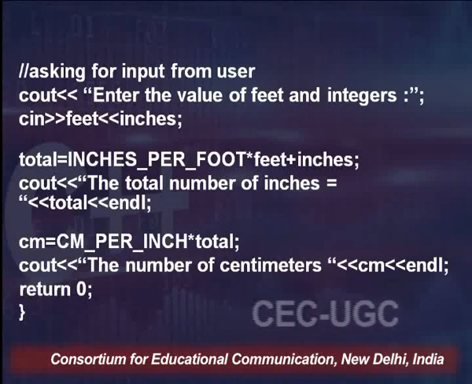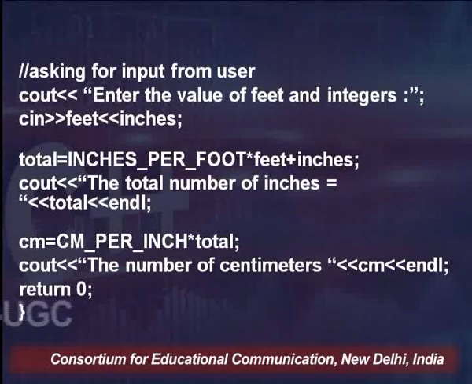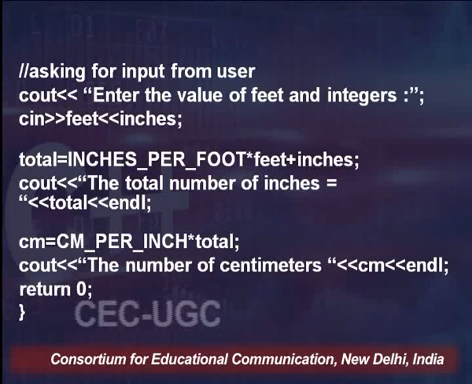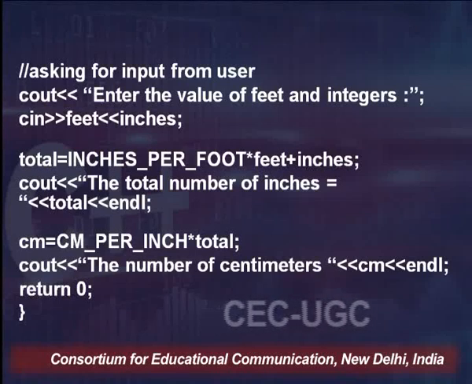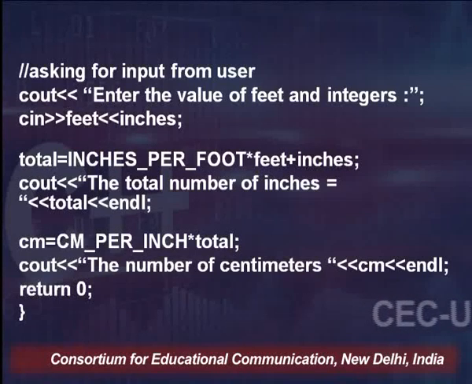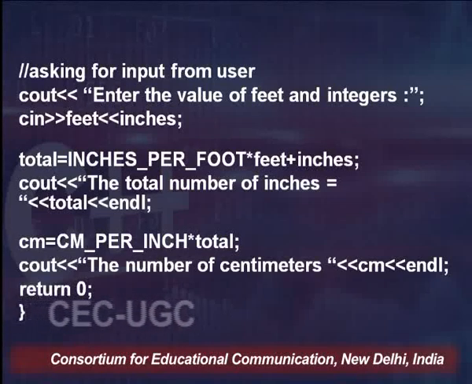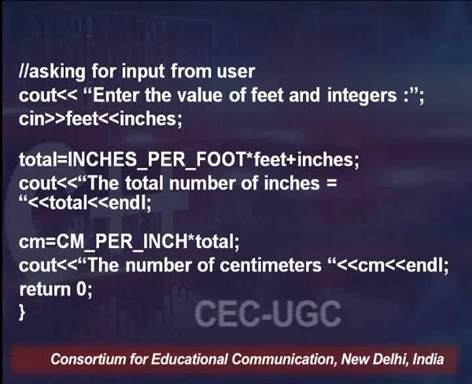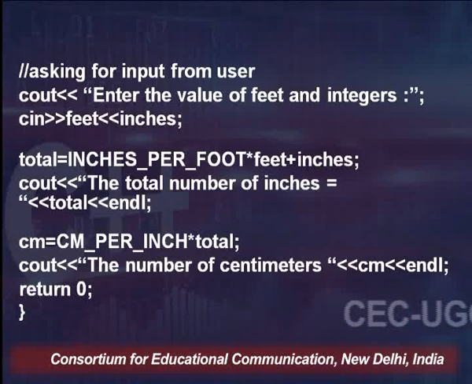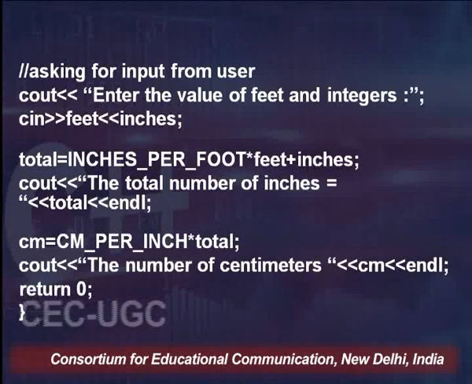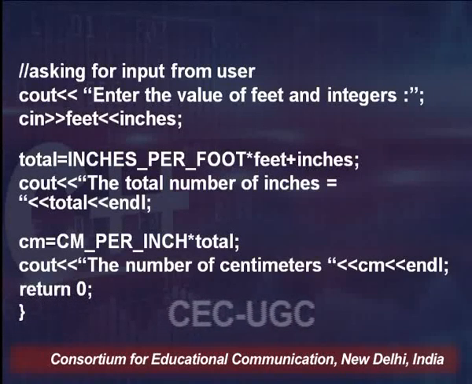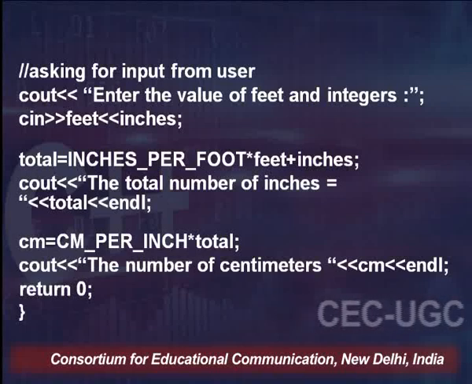So feet and inches are taken in with a single cin. Now please consider the stream operator between feet and inches as that of between cin and feet. My apologies for the typo here. So cin, double greater than sign, feet, then double greater than sign, inches, please consider this.